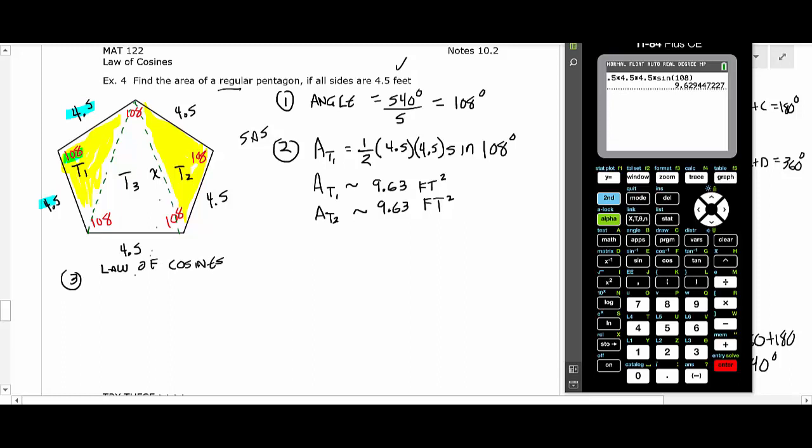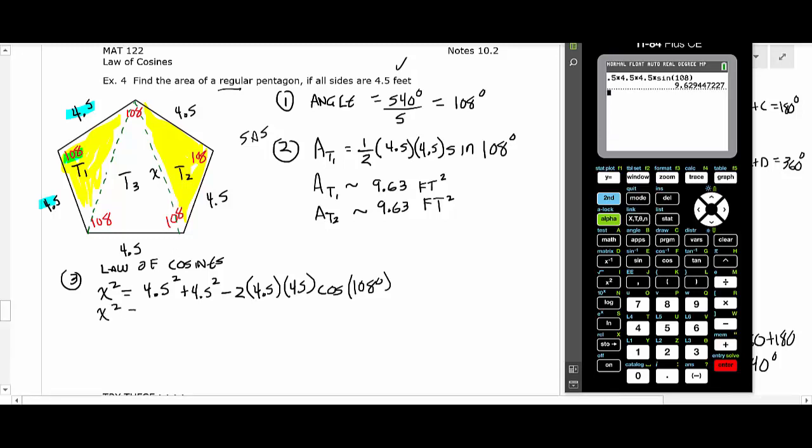Again, we have a side angle side, so we would have x squared equals the sum of the squares of the other two sides. So that would be 4.5 squared plus 4.5 squared minus twice the product of those two sides, times the cosine of the angle in between those. So that's applying law of cosines.